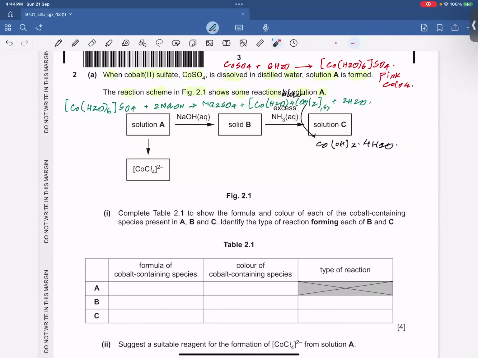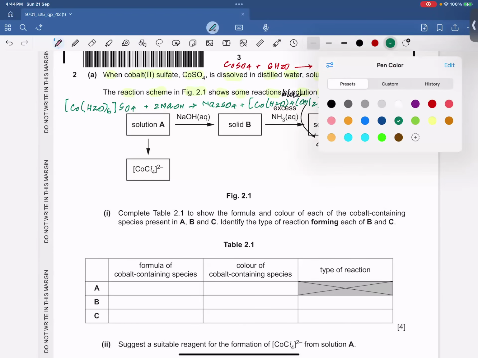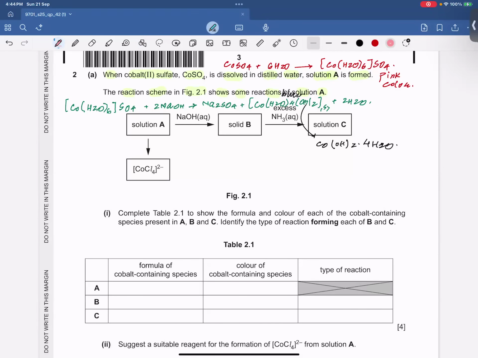Now, when this compound is treated with aqueous ammonia, solution C is formed. So let me give you an equation here. What is actually happening when solid B and aqueous ammonia are treated together? This is the blue precipitate. And when you add an excess amount of ammonia, a ligand substitution reaction takes place.